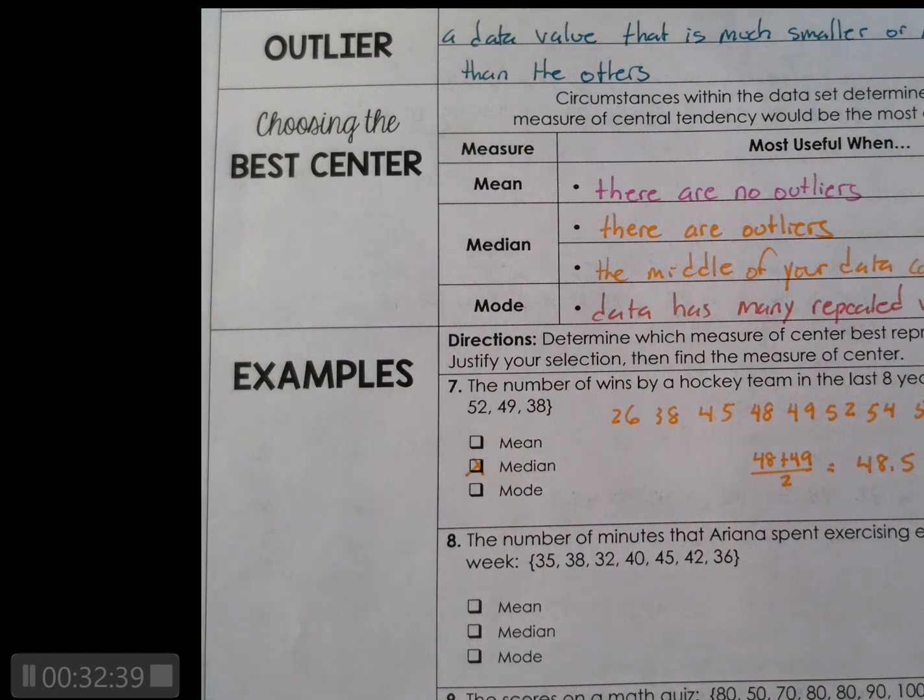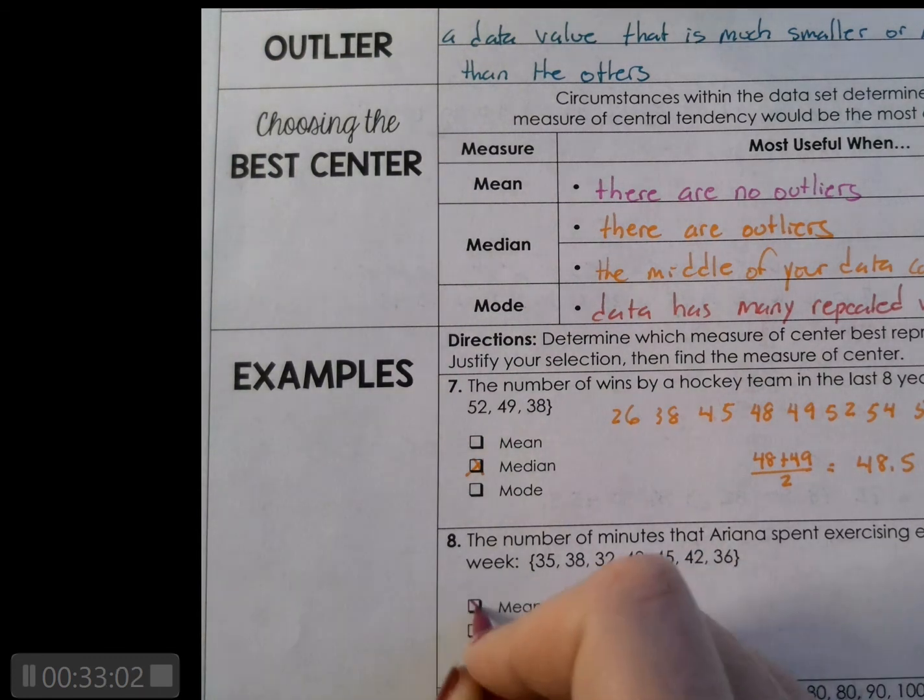Alrighty. So now, the number of minutes that Ariana spent exercising each day for the past week. So we have 35, 38, 32, 40, 45, 42, 36. Well, that all seems relatively normal. So I'm going to say it's the mean.